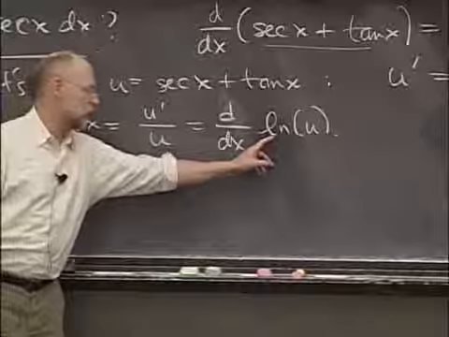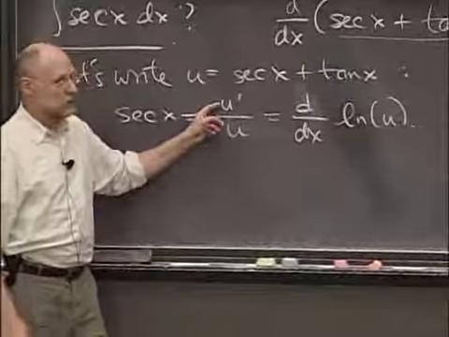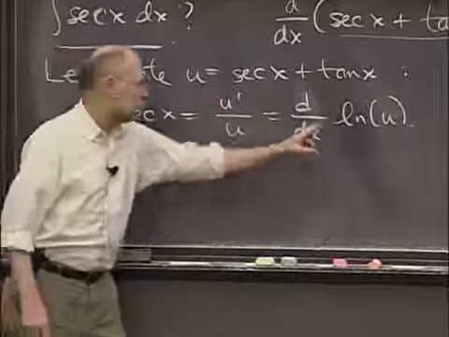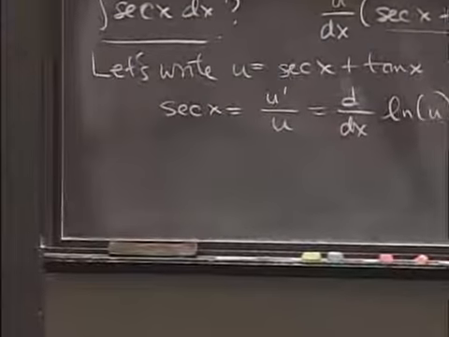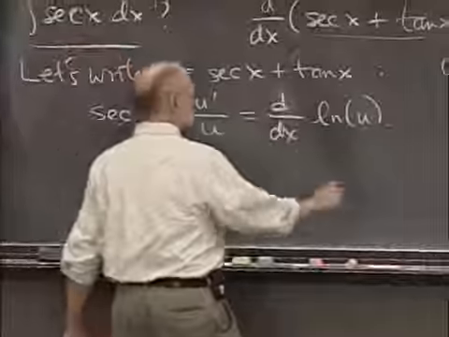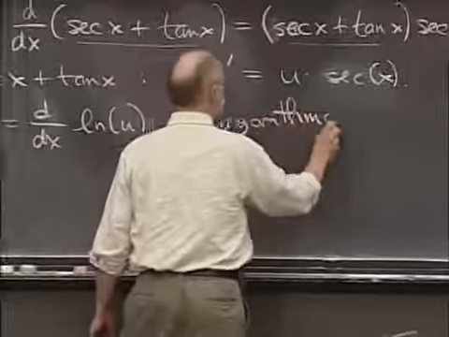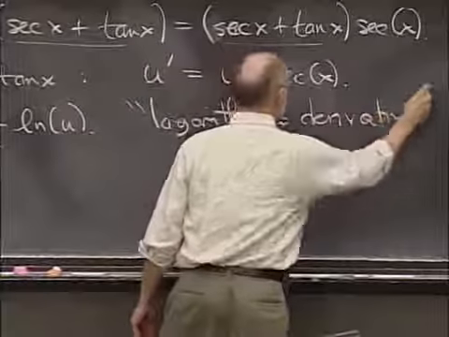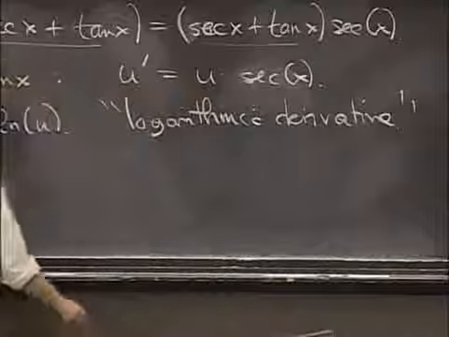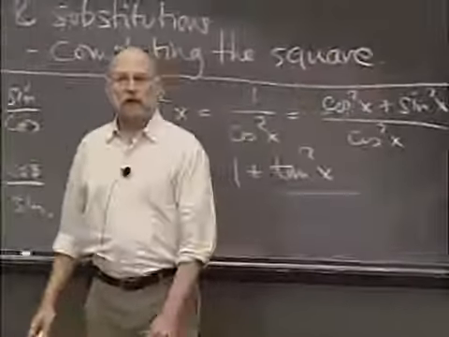If I want to calculate the derivative of the logarithm, well, the chain rule says I get the derivative of u times the derivative of the log function, which is 1 over u. So often u prime over u is called the logarithmic derivative. But it's done what I wanted because it's expressed the secant as a derivative.